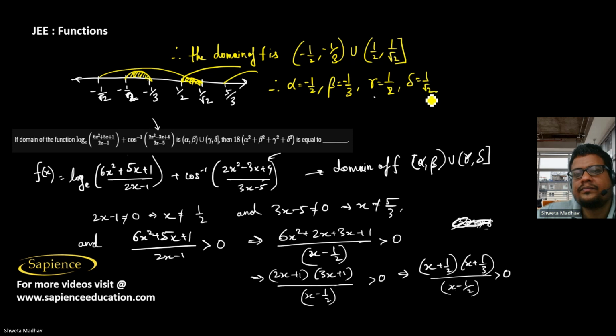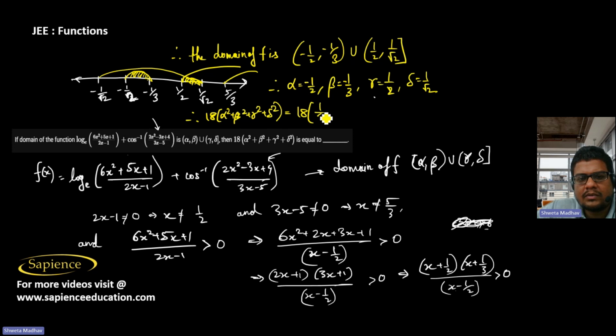So therefore 18 into alpha square plus beta square plus gamma square plus delta square will be equal to 18 into 1 by 4 plus 1 by 9 plus 1 by 4 plus 1 by 2. If we take the LCM, that will be 36, 9 4s are 36, 2 18s are 36.